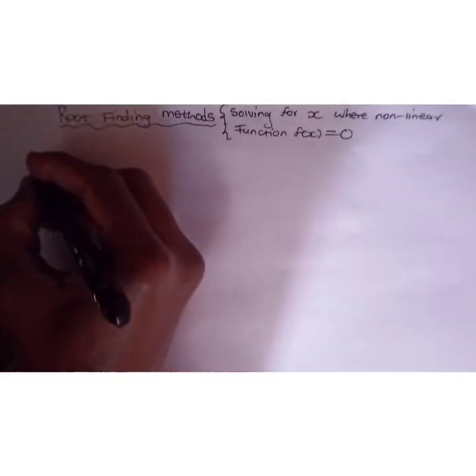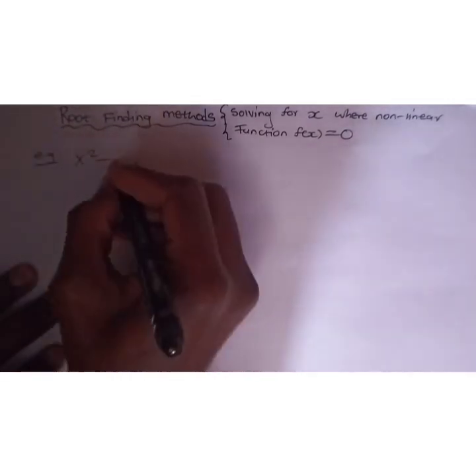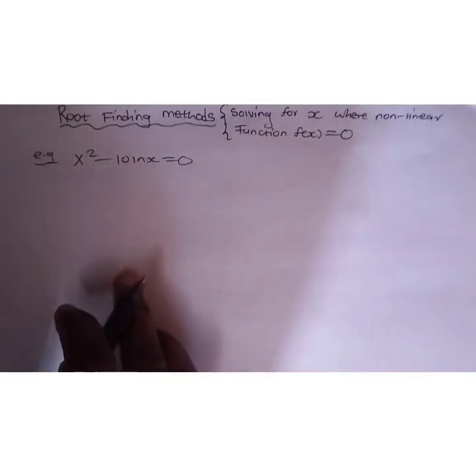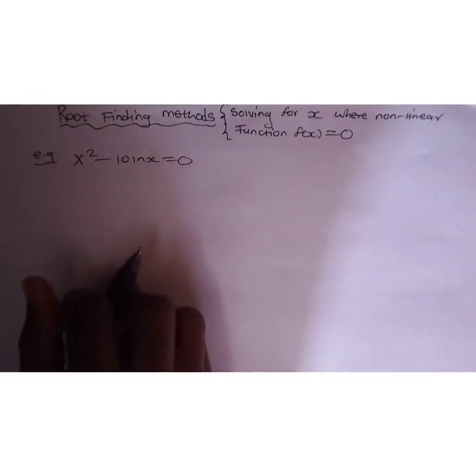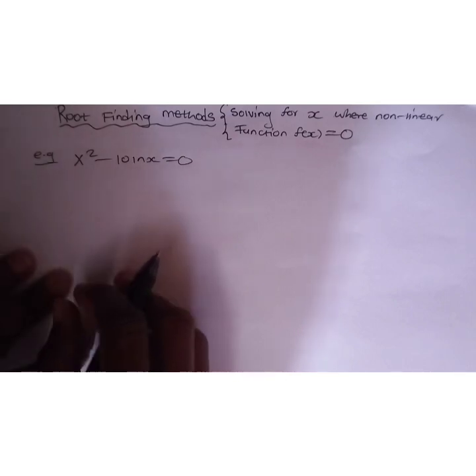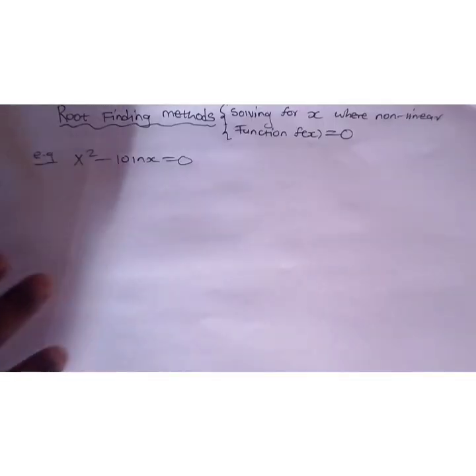For example, if you are requested to find a root for this function, we'll have to use an iteration method. Here we're going to use simple iteration. We can use the bisection method, the secant method, and the Newton-Raphson method. It just depends. So let's start with the simple, or fixed, iteration method.